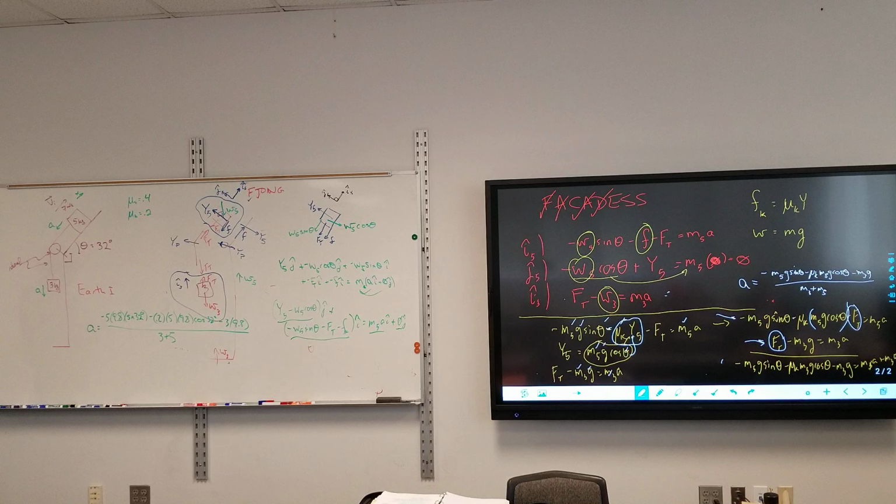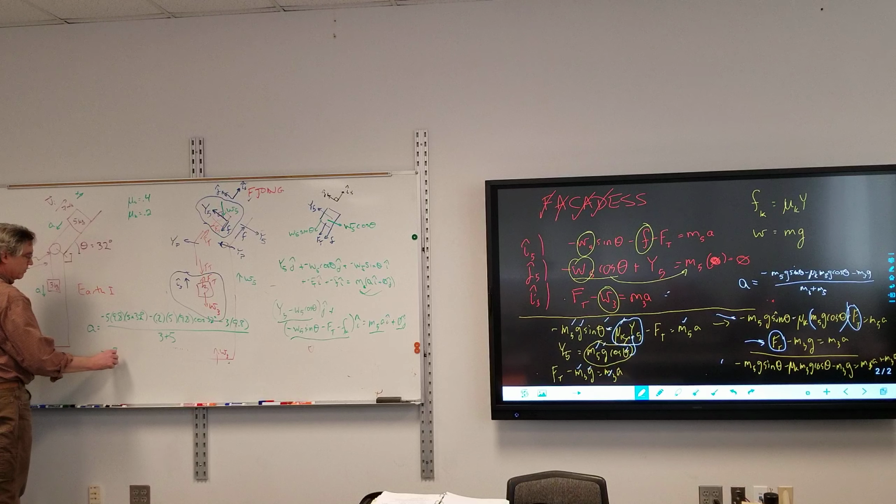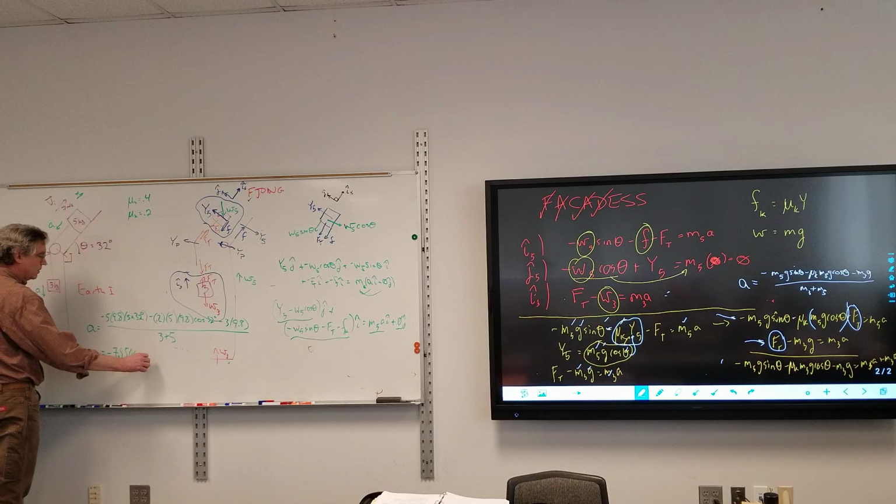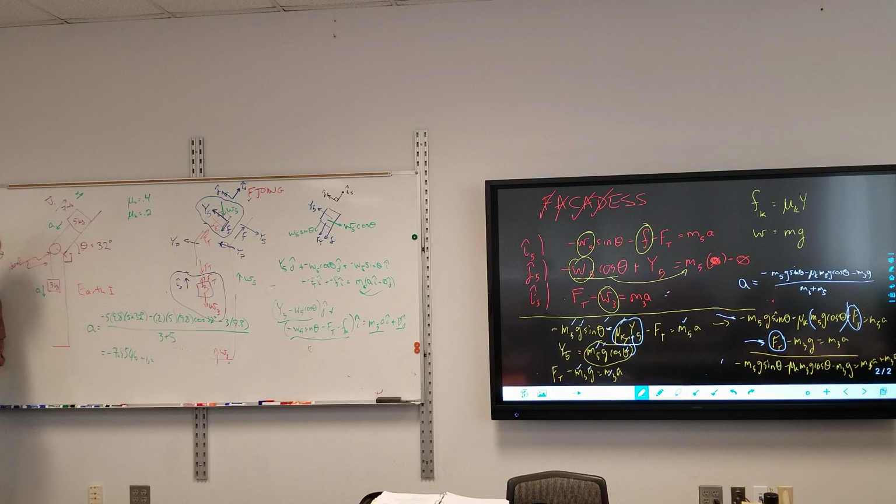Will the answer of negative 7.9596 make sense? Negative 7.9596. All right, so first off, at a cursory glance, we got a negative number as expected, so that makes sense. If I had them attached and the 5 kilogram mass were going straight up, what would be the acceleration?